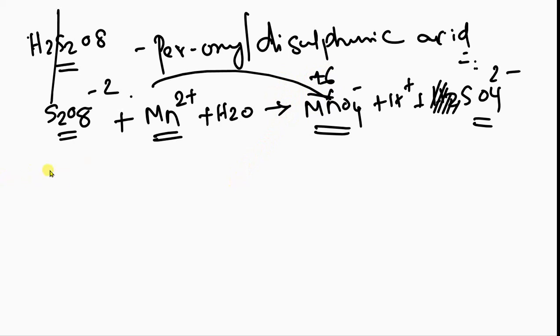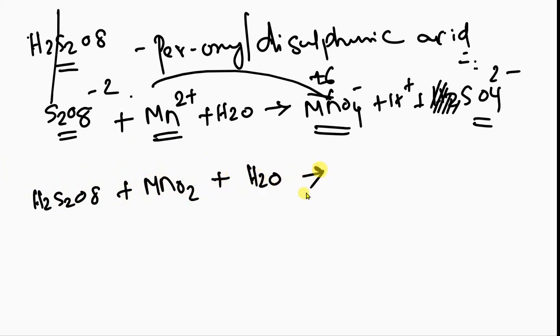Let me write the equation here, that is H2S2O8 plus MnO2 plus H2O gives HMnO4 plus H2SO4. Right? This is an unbalanced equation.